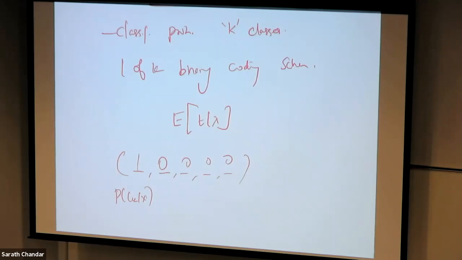However, there is a problem. So what is the problem in using least squares for classification with k classes? Anyone in the chat or here? So what's the problem?